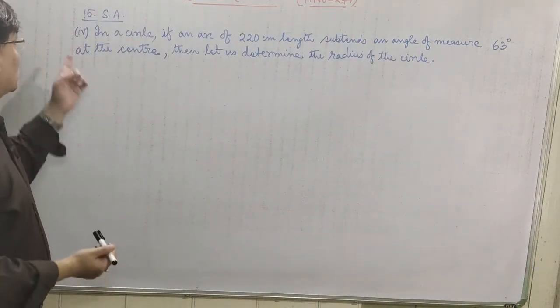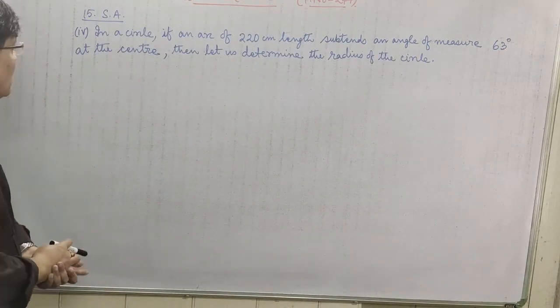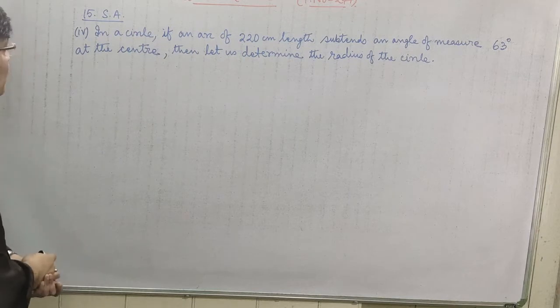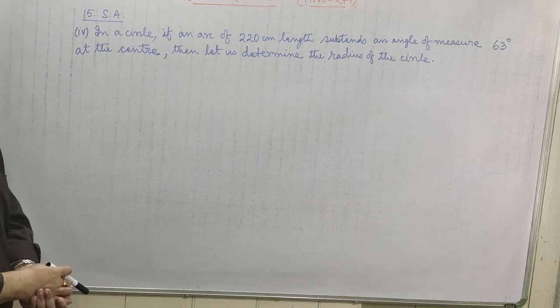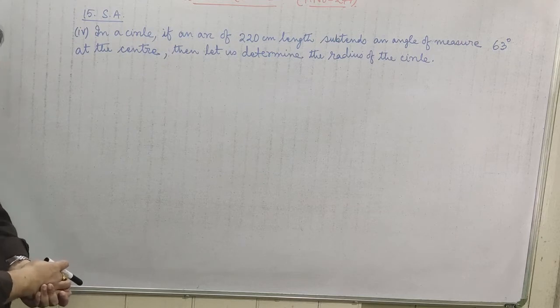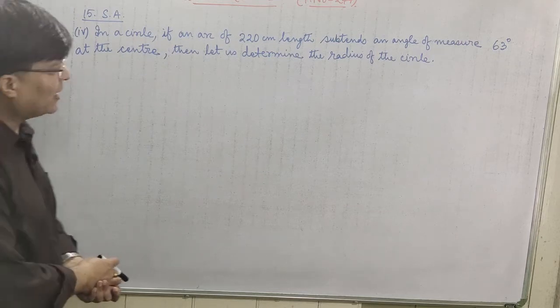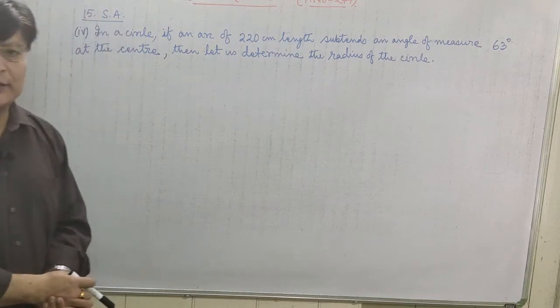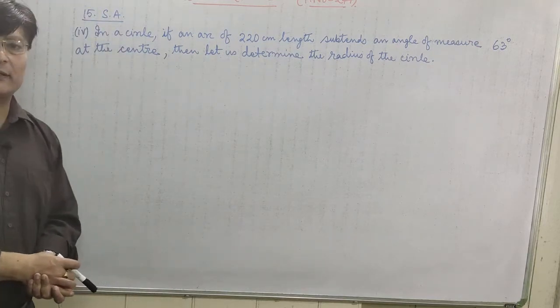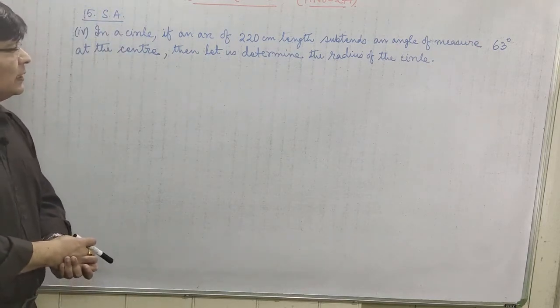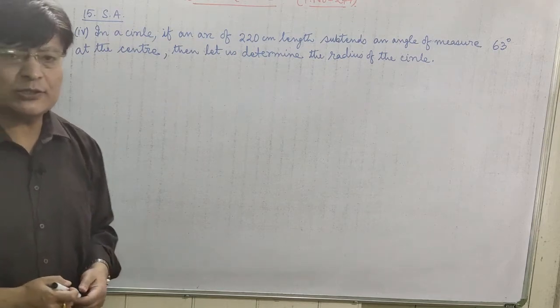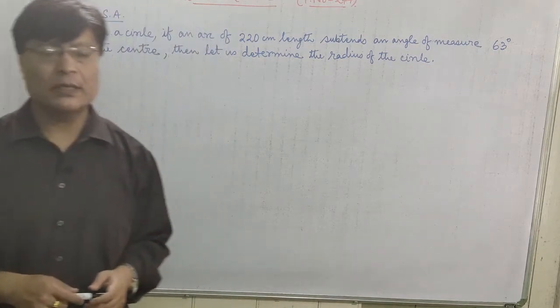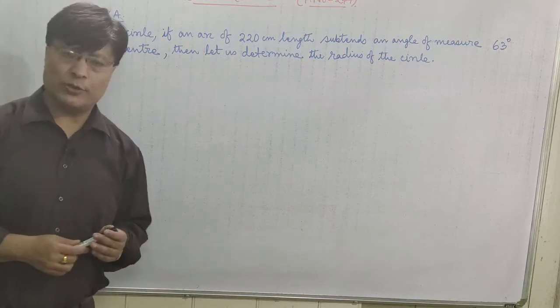Now we'll do the next question, that is question number 4. In a circle, if an arc of 220 centimeter length subtends an angle of measure 63 degree at the center of the circle, then let us determine the radius of the circle. So you have to understand this question.